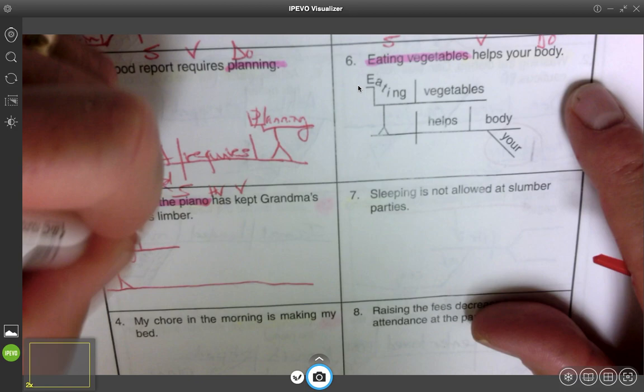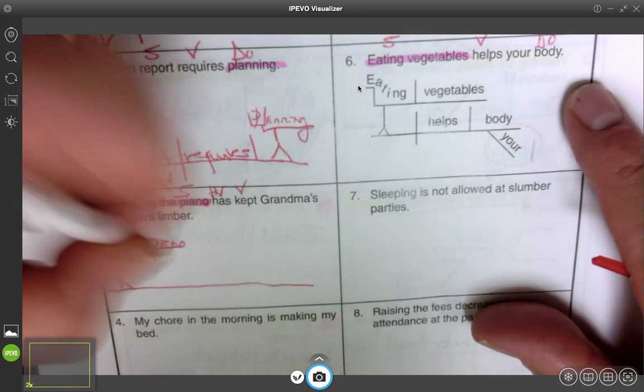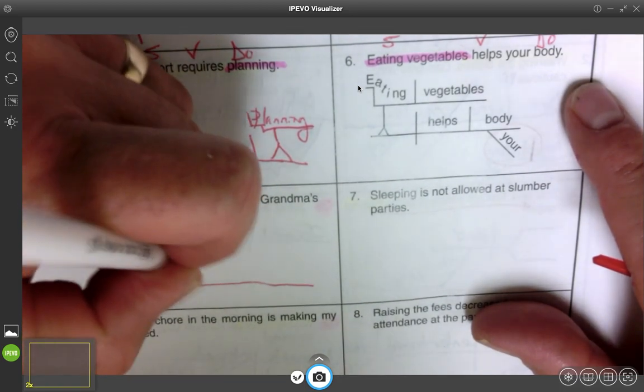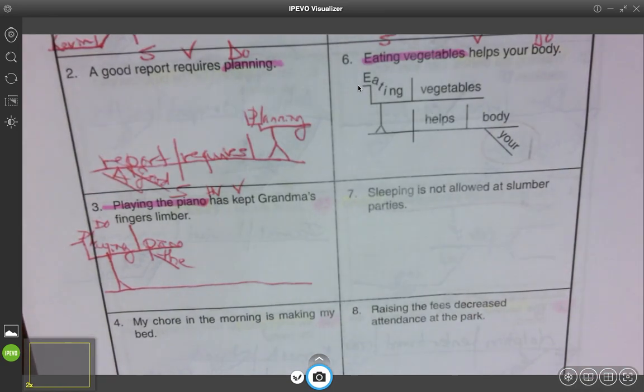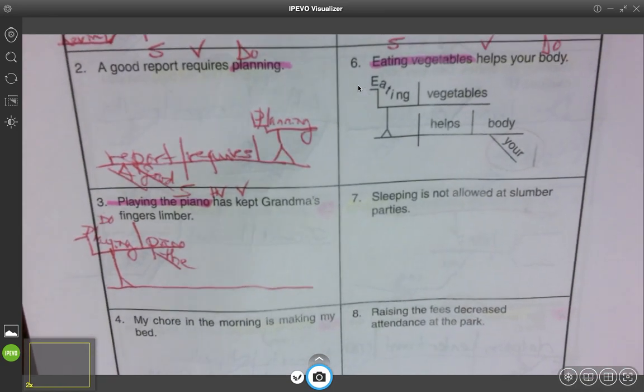Playing piano. Playing the piano, that is my gerund phrase.